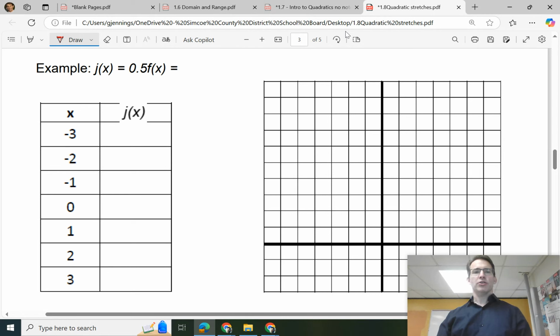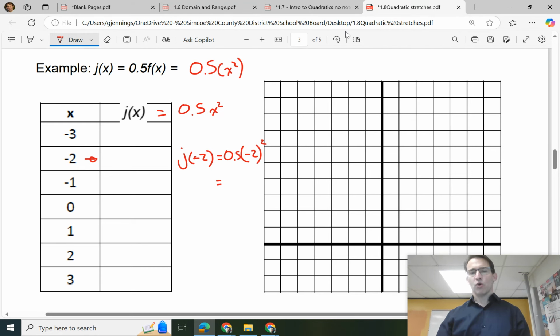With this one here, j of x is 0.5 f of x. Okay, 0.5 times x squared. So we have j of x is equal to 0.5 x squared. Then if I evaluate it here, I'm going to get j at minus 2 is equal to 0.5 times minus 2 squared.